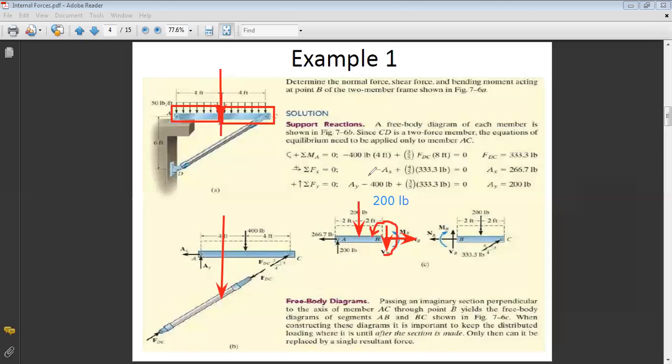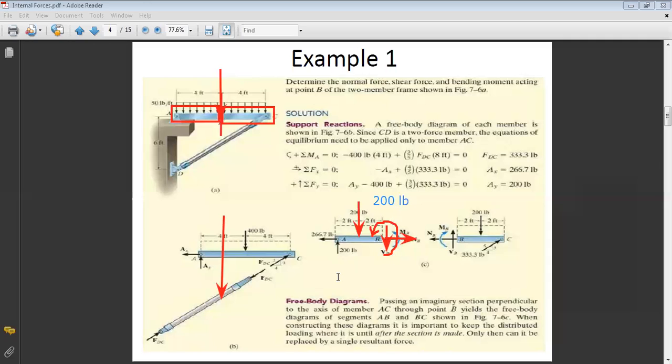Okay. Now, how to calculate V, M, and N? It's very simple. I apply equilibrium on this part, because since my part is in equilibrium, any small part of it should also be in equilibrium. So now all I have to do to find my internal forces and moments is to apply the equilibrium relations on this part.